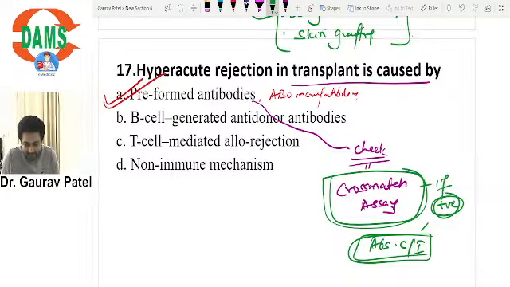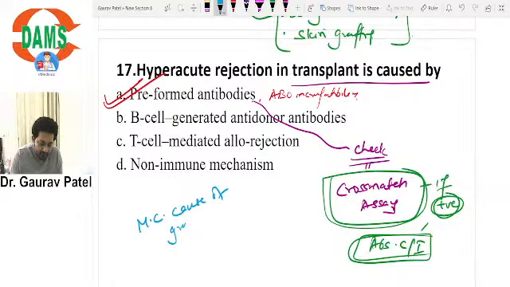Cross-match assay. But suppose there is ABO incompatibility or HLA incompatibility. In those cases, you can very well go ahead and do the transplant. But if preformed antibodies are there, it is an absolute contraindication. And if I ask you what is the most common cause of graft loss, which type of rejection?